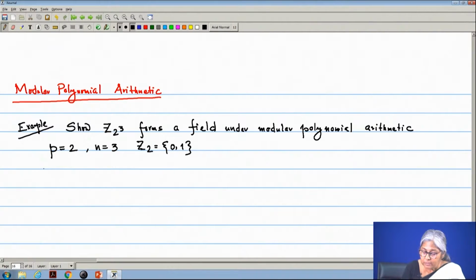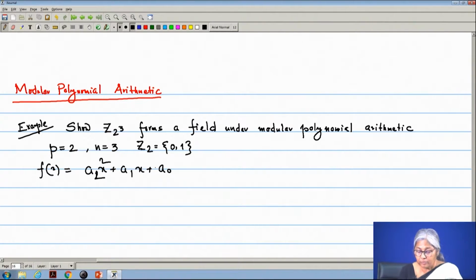So, the polynomials f(x) are of the form a2 x square plus a1 x plus a0, and earlier we have already seen this set of polynomials S.